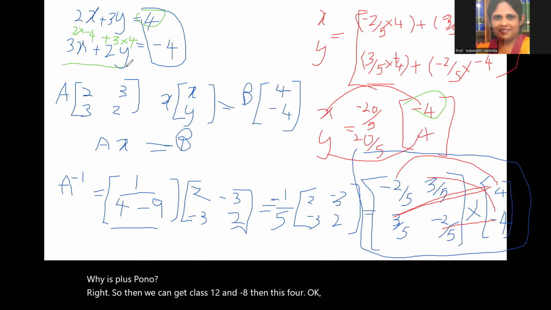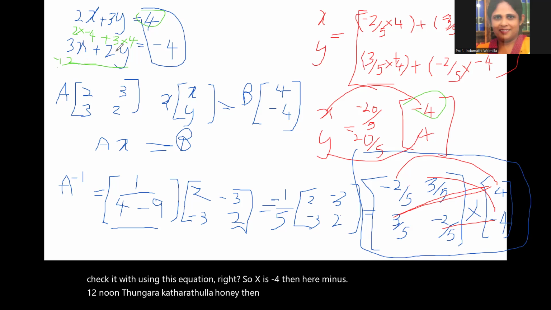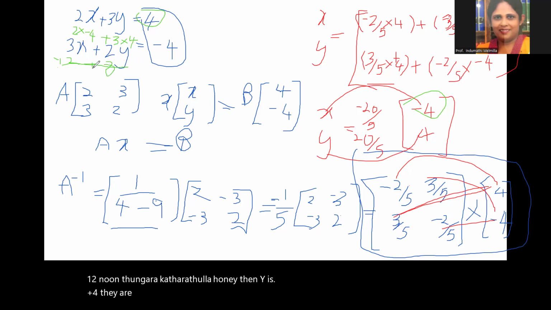Same, you can also check it using the other equation. X is minus 4, so here minus 12, and y is plus 4, 4 times 2 is 8. Plus 8 and minus 12 again gives minus 4. That means the answers we obtained are correct.